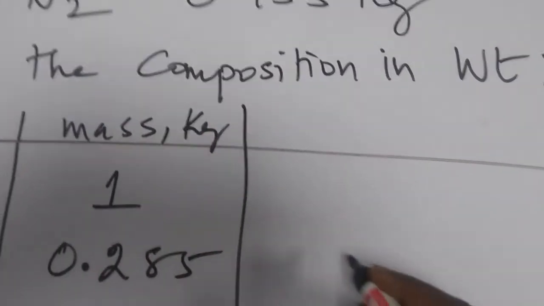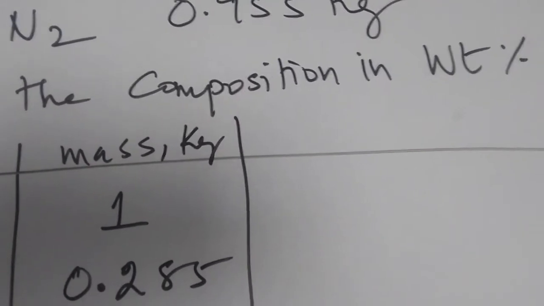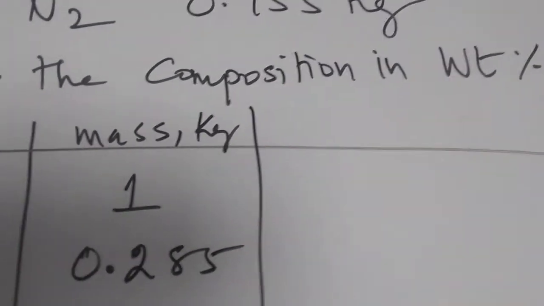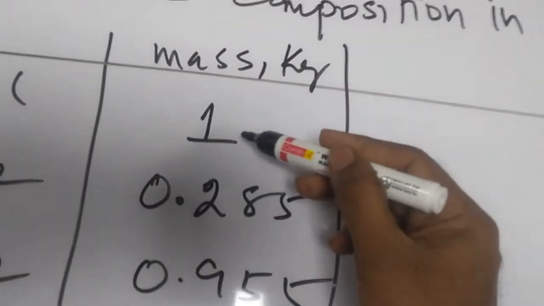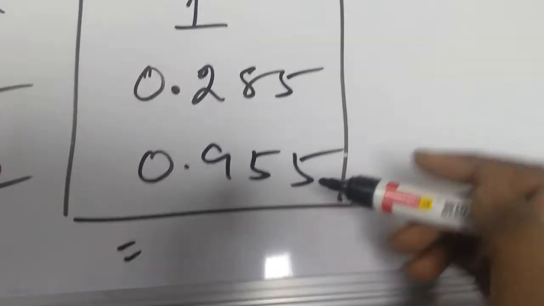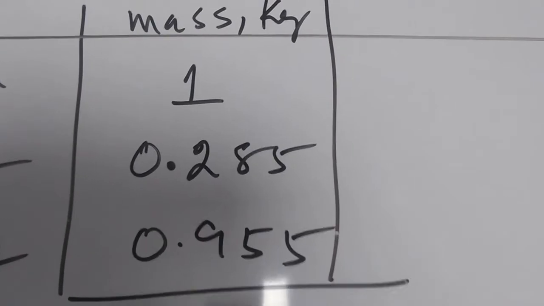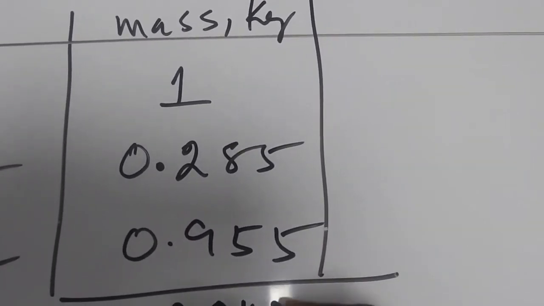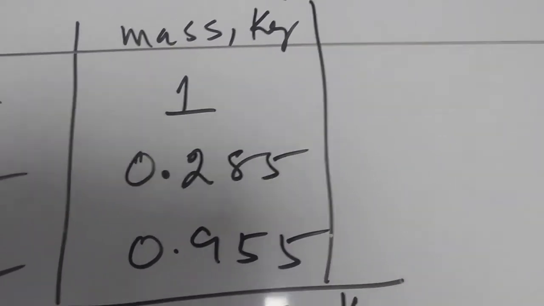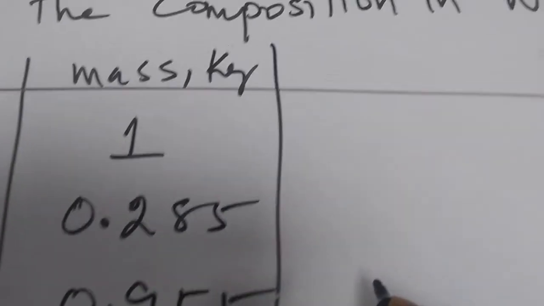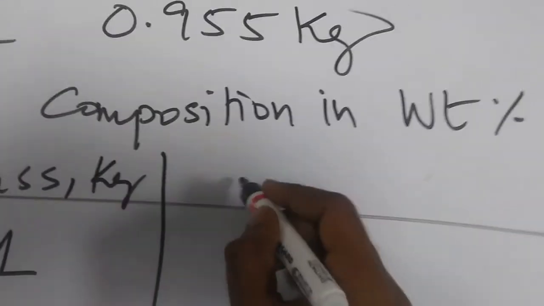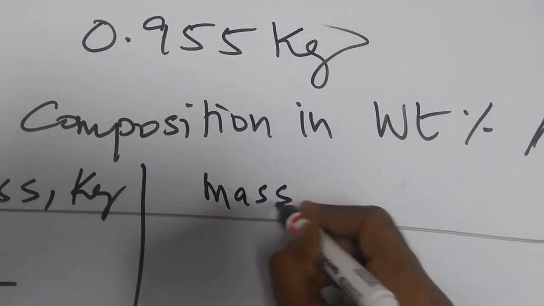Okay, so what is the total mass here? First find the total mass, summation of these three. Use the calculator. It is going to be 2.240 kg. So the total mass is 2.240 kg.